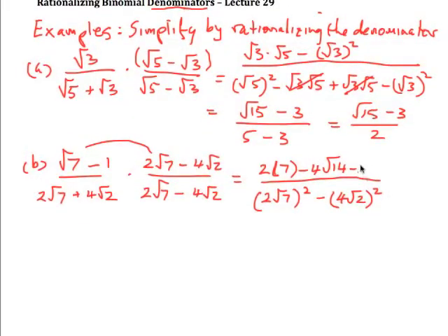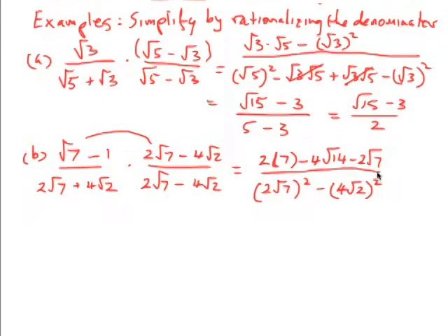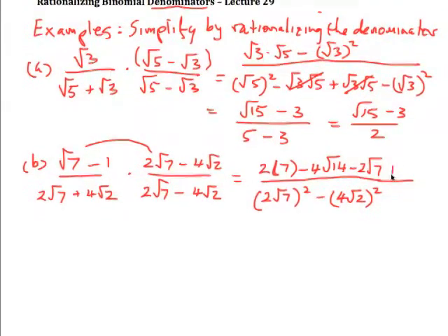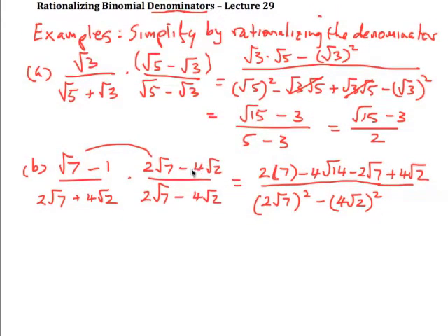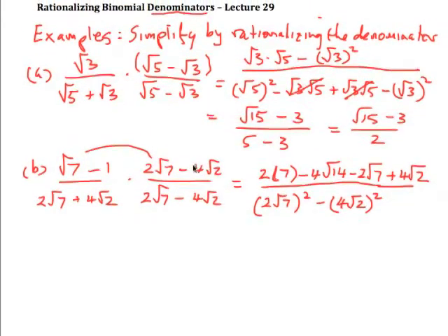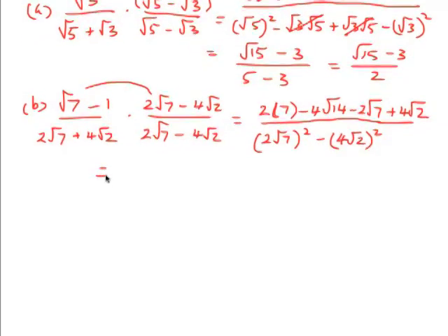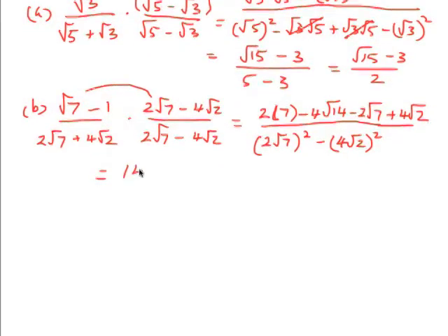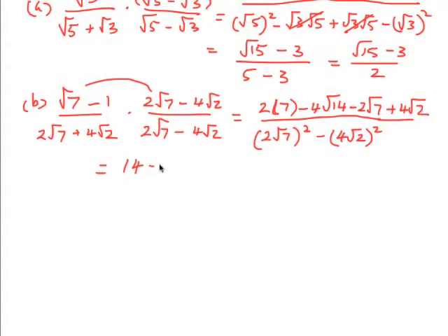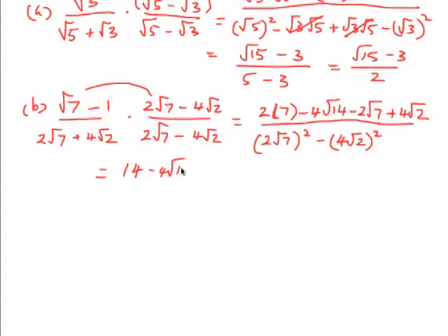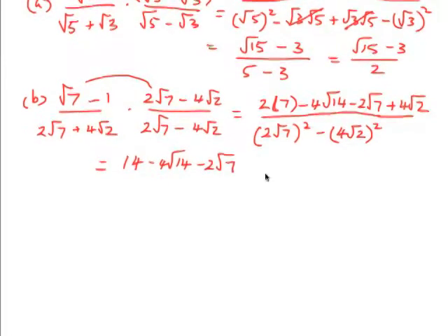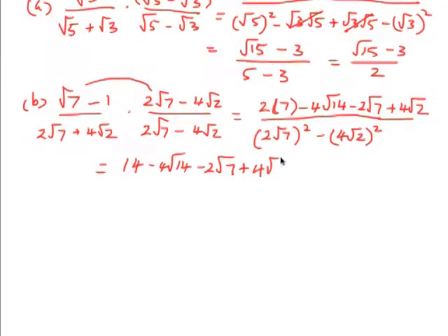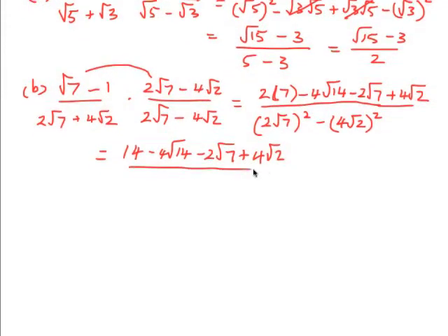We're going to have minus 2 root 7, and then we're going to have plus 4 root 2 when we FOIL 1 by 4 root 2. Negative by negative is positive. So we end up with this being 14 minus 4 root 14, we can't simplify that any further, minus 2 root 7 plus 4 root 2. So we can't simplify that any further.